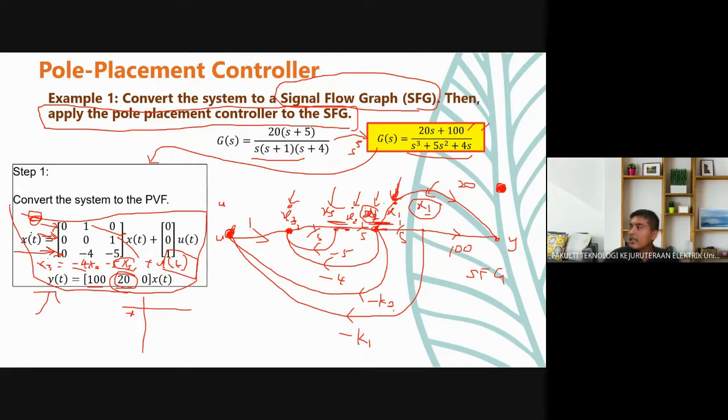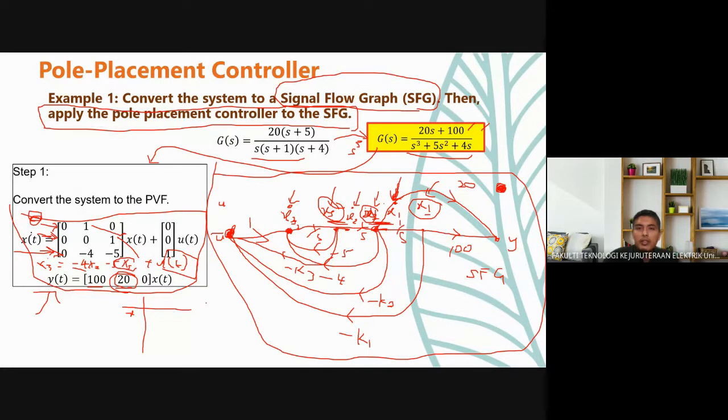And finally, you need to apply the third feedback gain starting from X3. This is the third feedback gain, negative K3. So this is the system with the pole placement controller. So this is the answer.